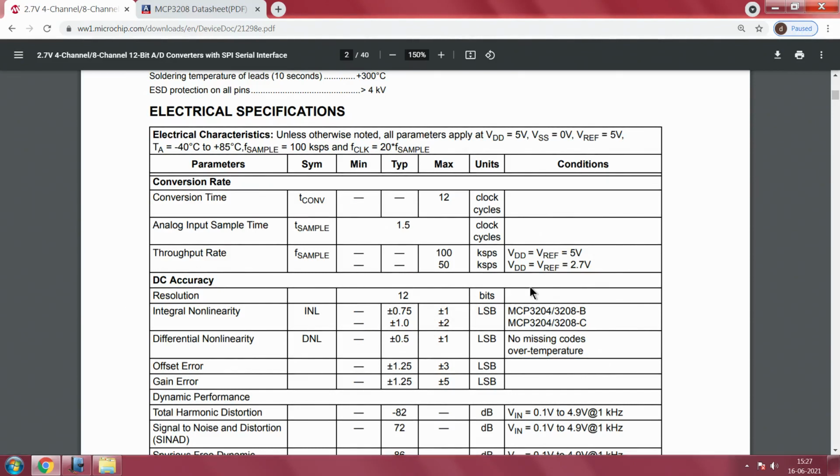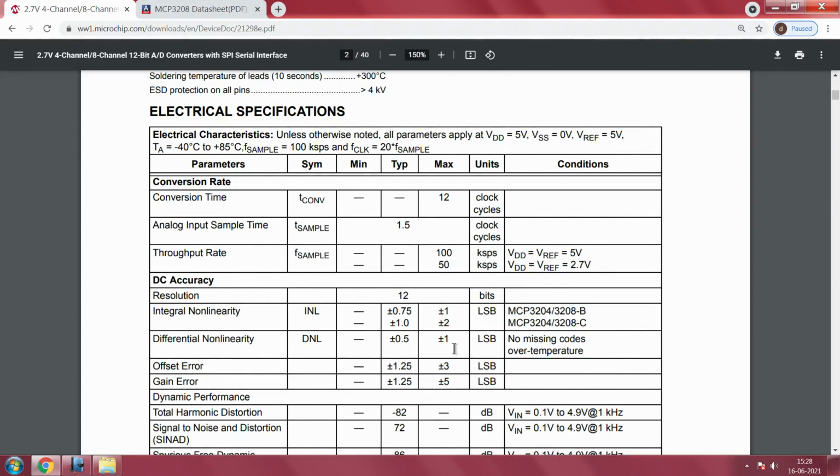And differential non-linearity is also quantified here. Offset error is plus minus 1.25 and the maximum it can go up to is plus minus 3 LSB. Gain error plus minus 1.25, maximum plus minus 5 LSB.